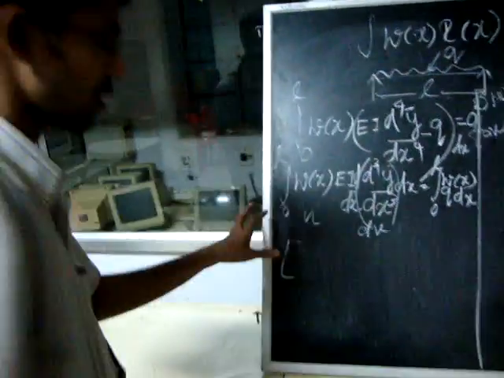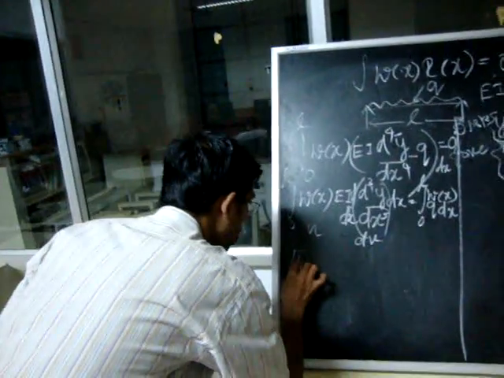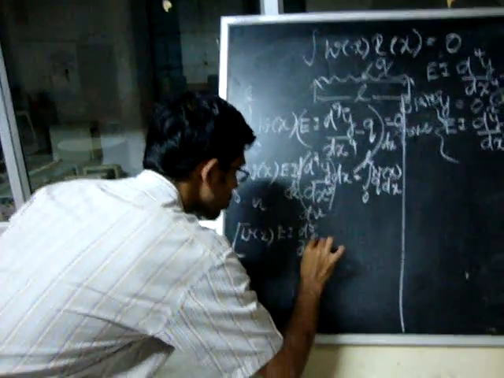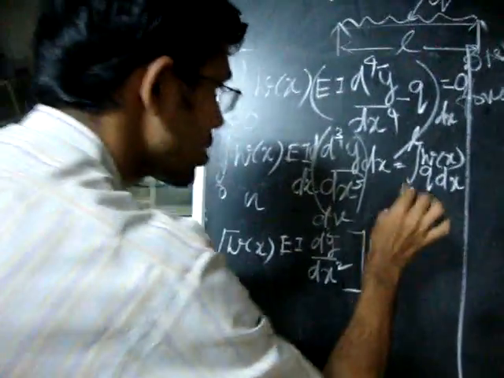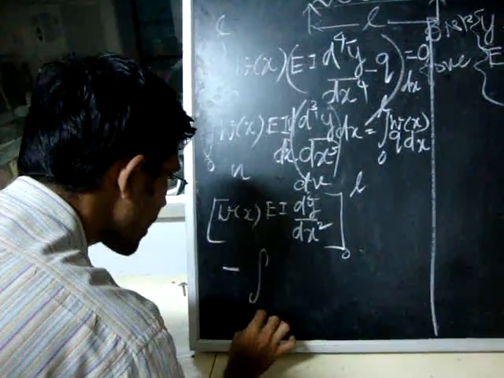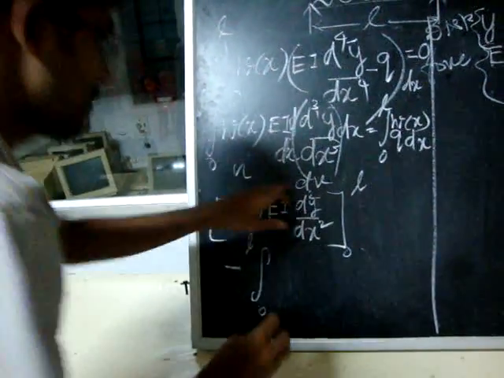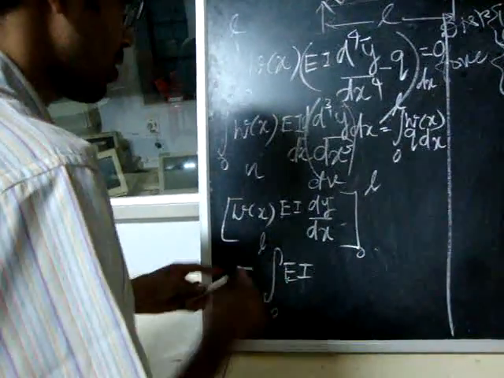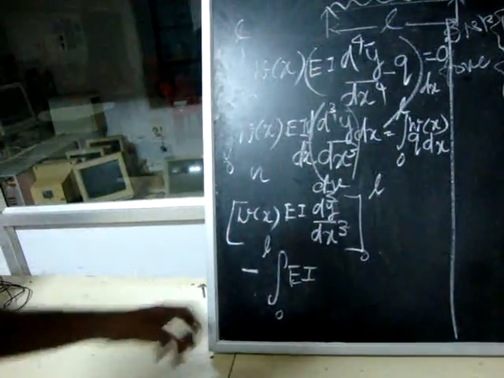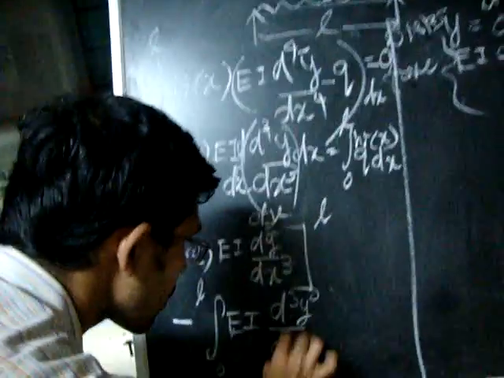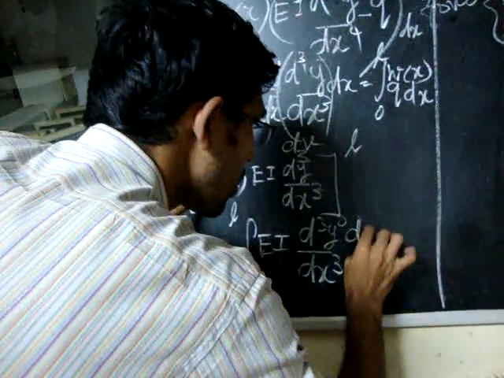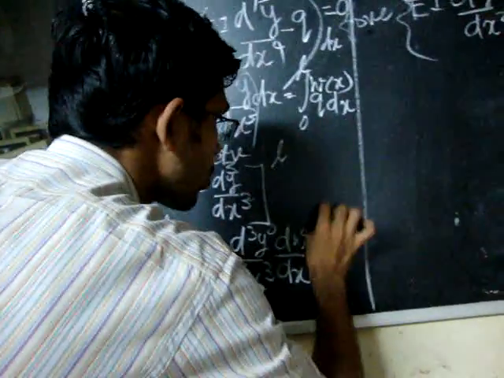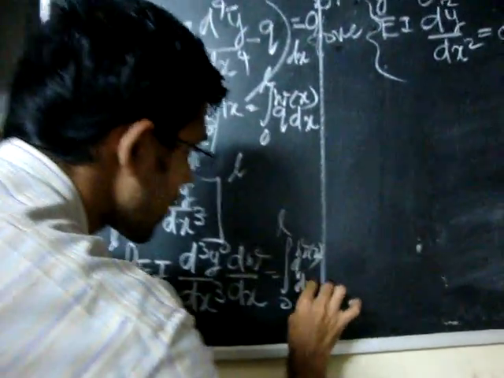When I perform integration by parts, it is going to be uv over the limit 0 to L, minus integral 0 to L of v du, and this is equal to integral 0 to L of W(x) q dx.